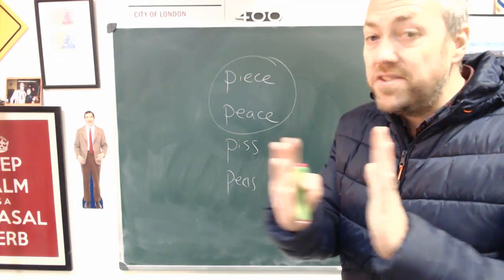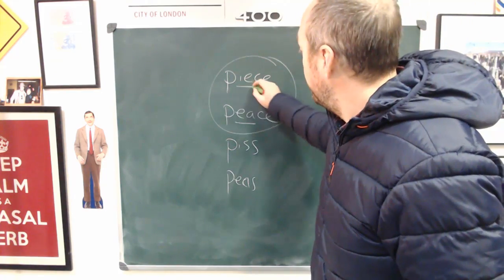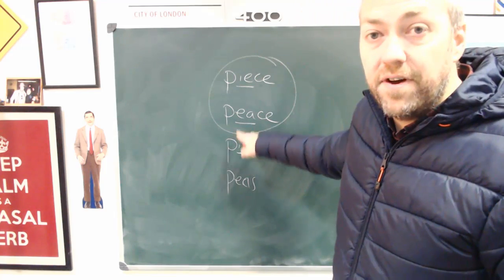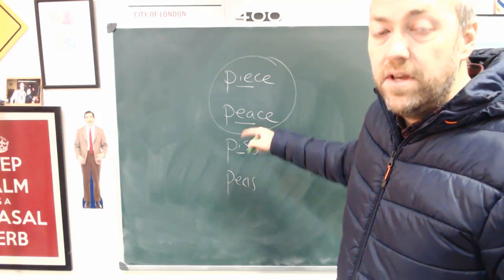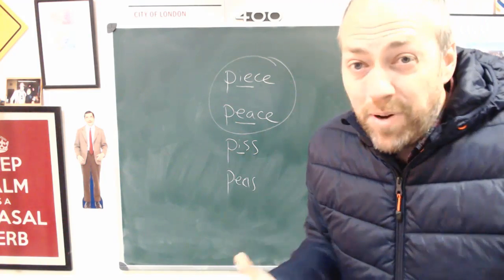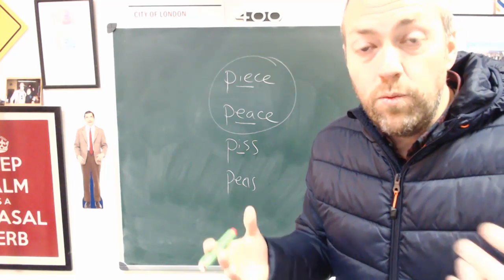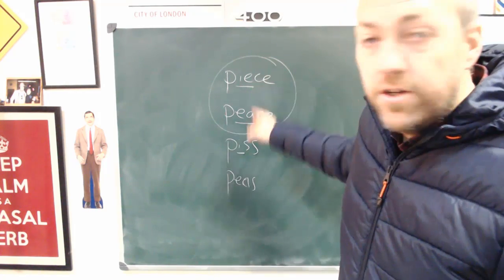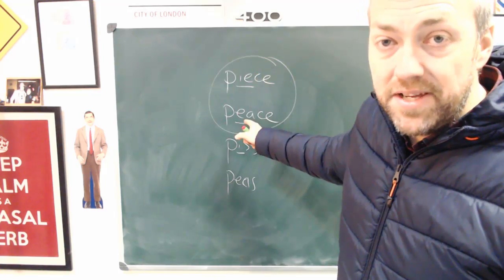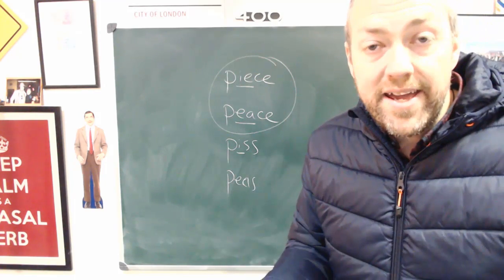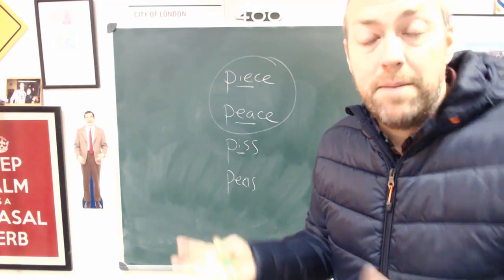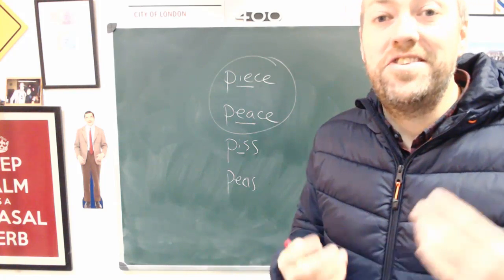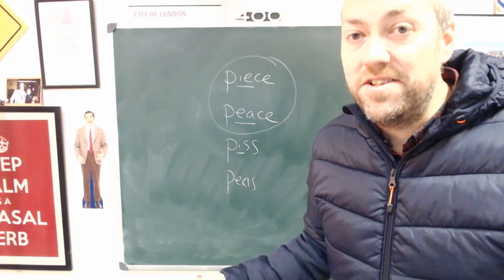So the difference is the length of the vowels here. So it's impossible, only with pronunciation, to know the difference between peace and piece. The only way to know is with the context of the sentence.